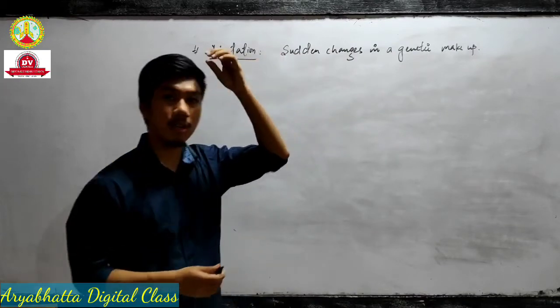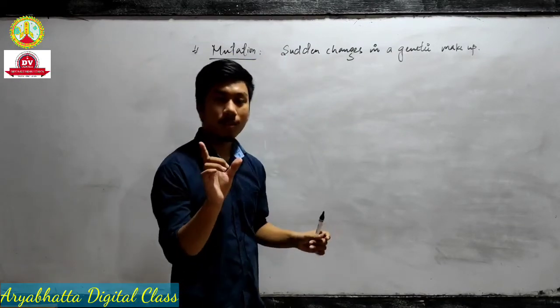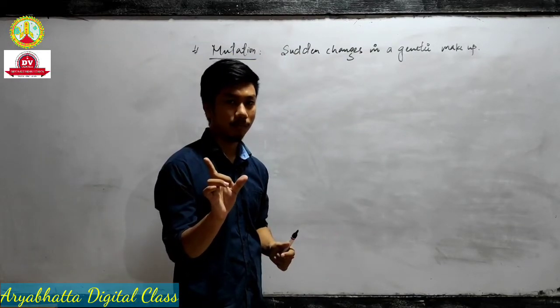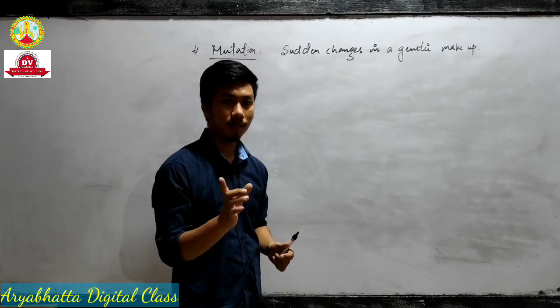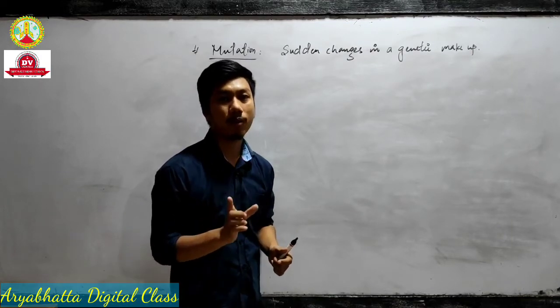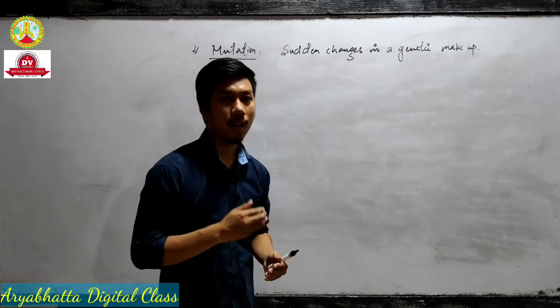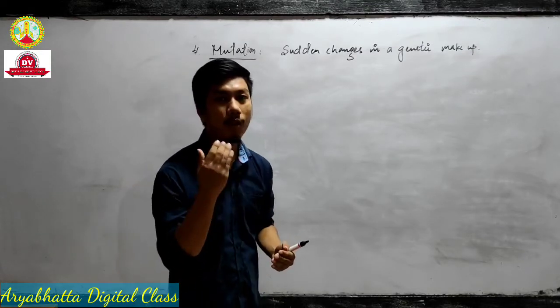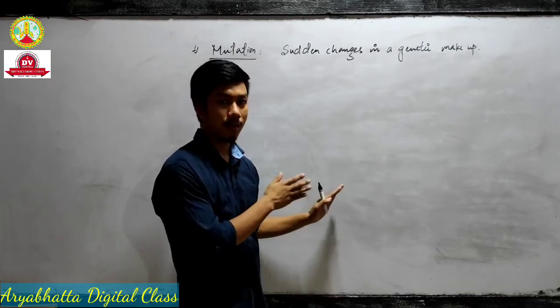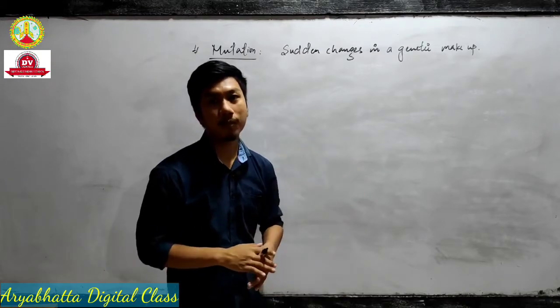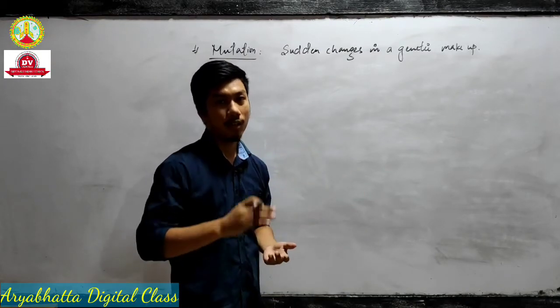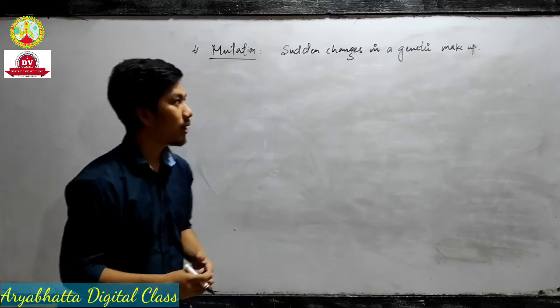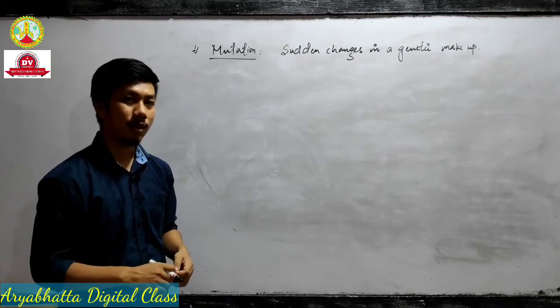What is gene? Functional unit of inheritance. See, gene is a part of DNA. Gene and DNA, don't get confused. Gene is a part of DNA which is transcribed to form protein. We will see how protein is formed and the structure of DNA in the next chapter. So here we are discussing mutation.